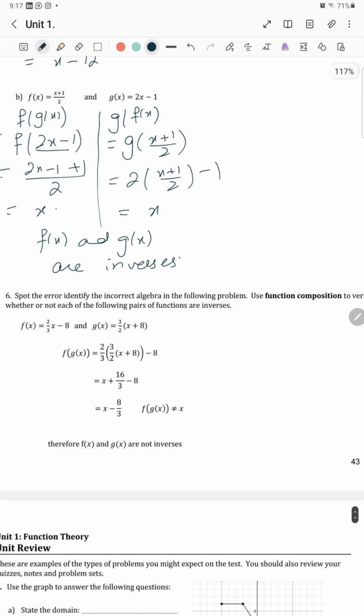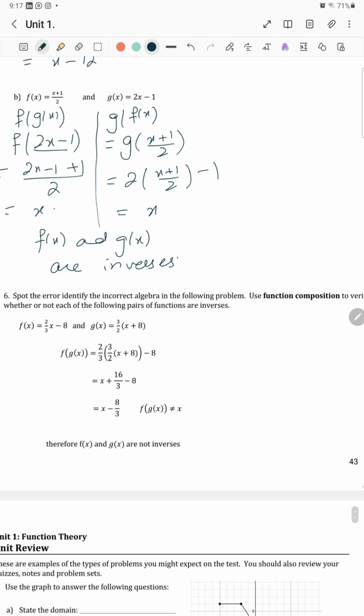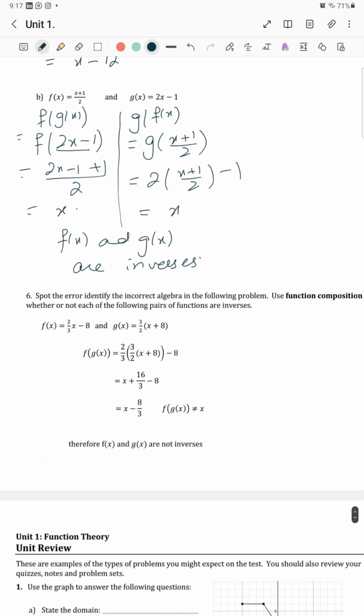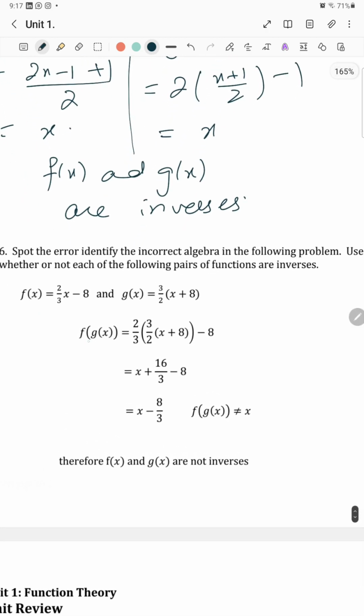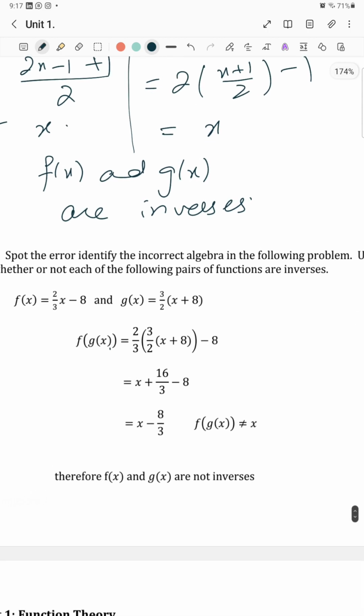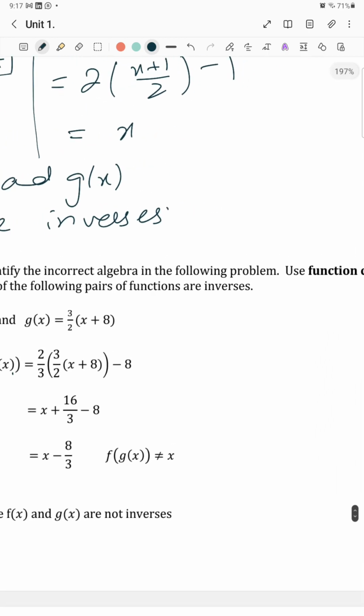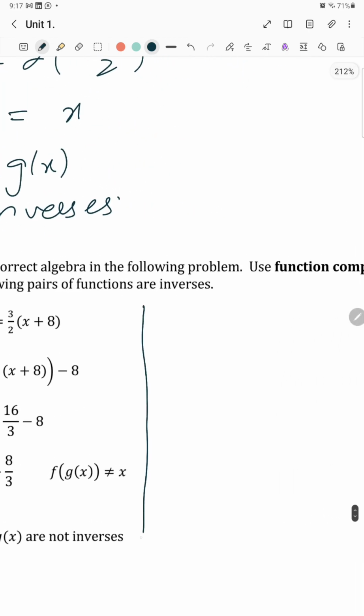Spot the error, identify the incorrect algebra in the following problem. Use function composition to verify whether or not each of the following pairs are inverses. So f of x and g of x, f g of x. Let's find the f g of x ourselves and then we can indicate the problem too.